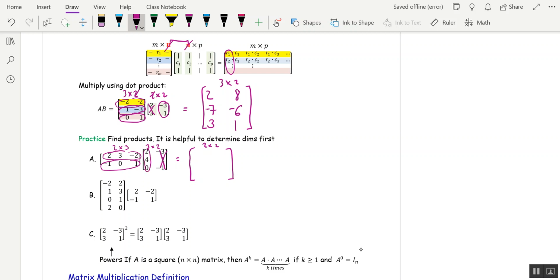For example, the first entry is going to be 4 plus 12, which is 16. Then you fill in this entry, then you're going to ignore the first column of B and focus on the second column, and that will give you this column here. I don't want to go on until you've done that, so make sure you can do matrix multiplication.